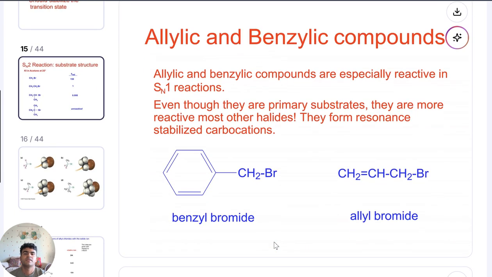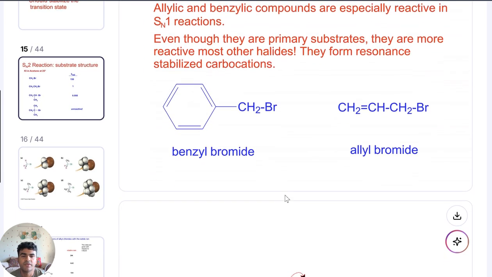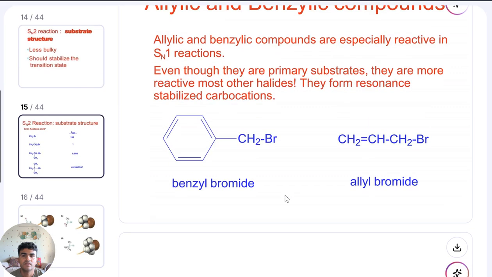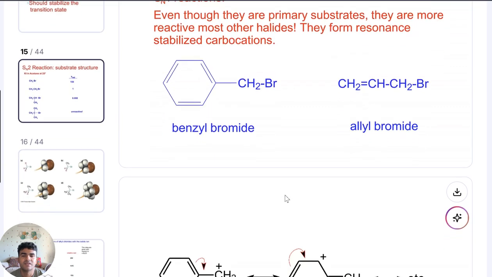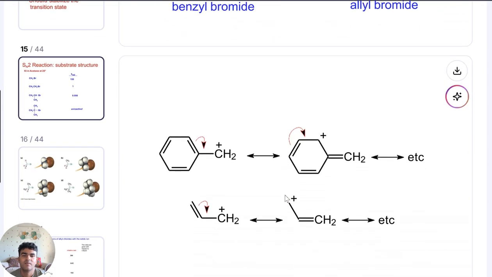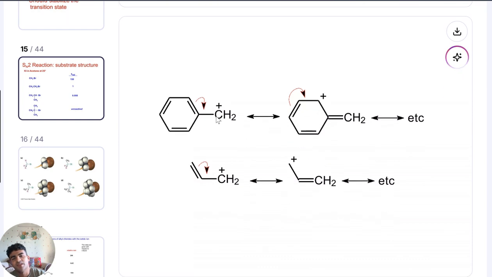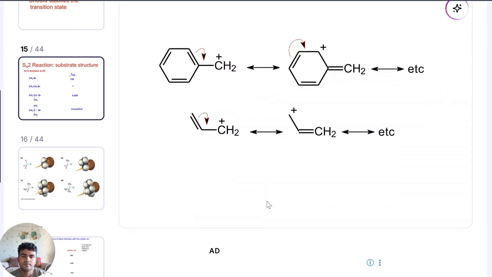Now important substrates. These are the important substrates for SN2 reaction as well as SN1 reaction. Here, if the leaving group departs, then a carbocation will form and it will be stabilized through resonance effect, plus R effect.